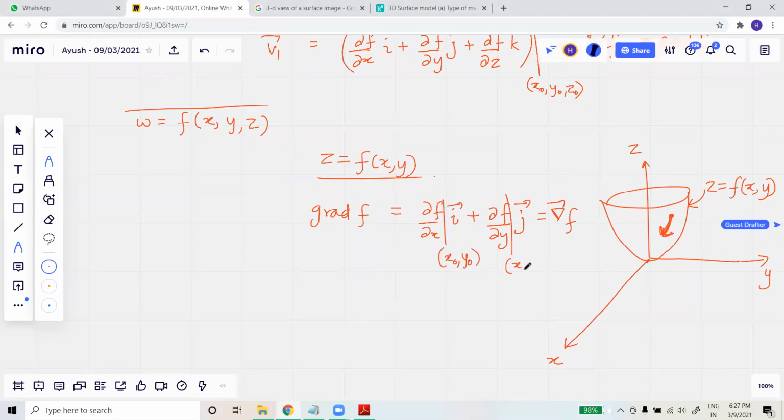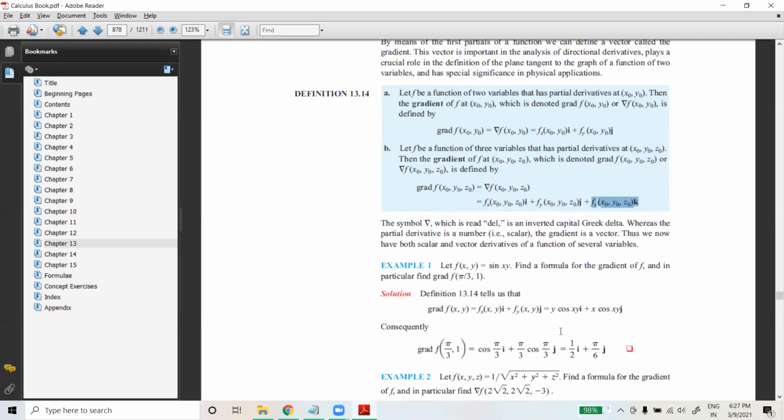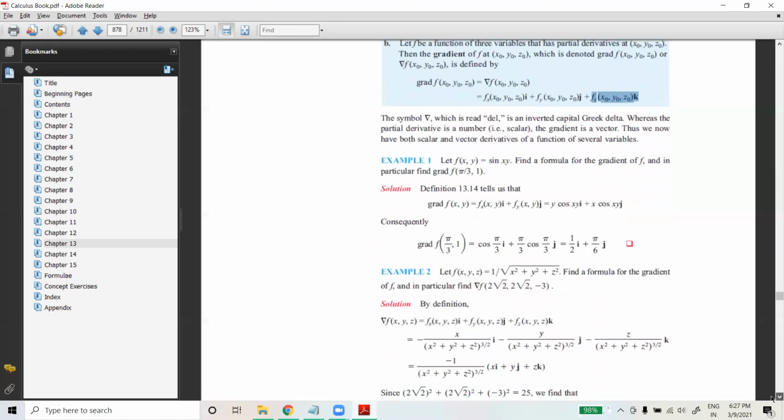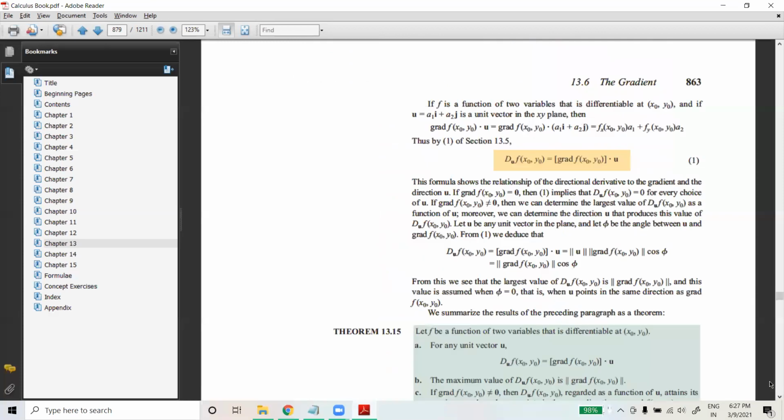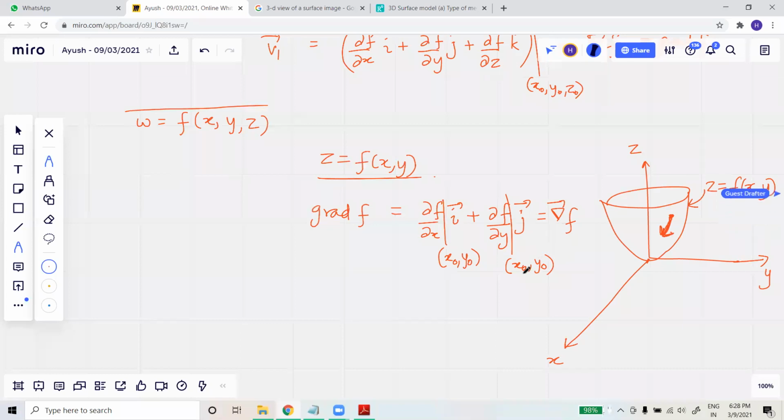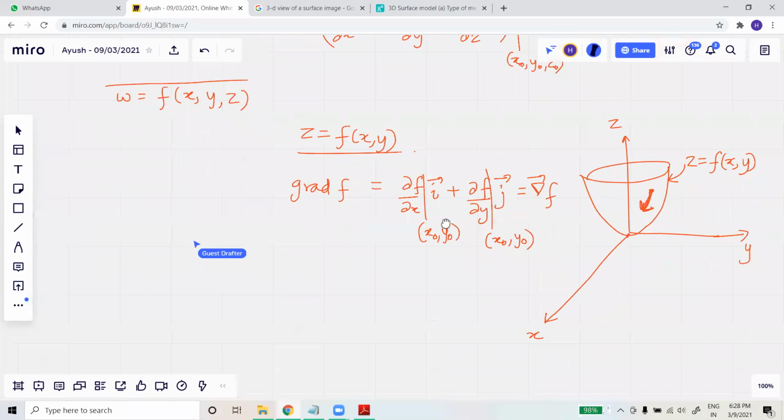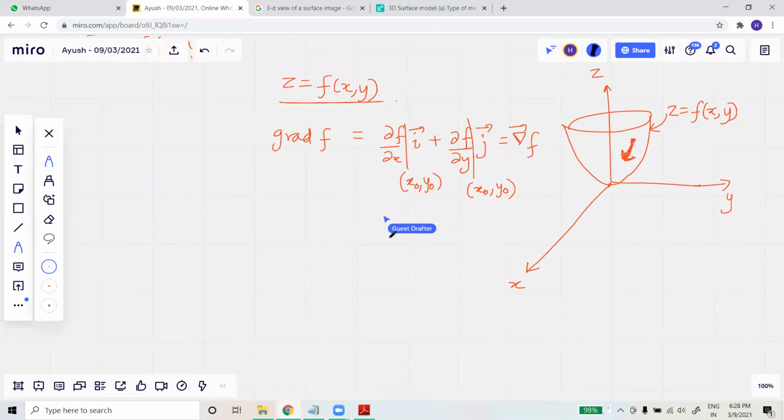Because you have to evaluate this at the points x0, y0. So then they must be saying there must be something about direction. We can get the direction by again going back to the definition of Du.